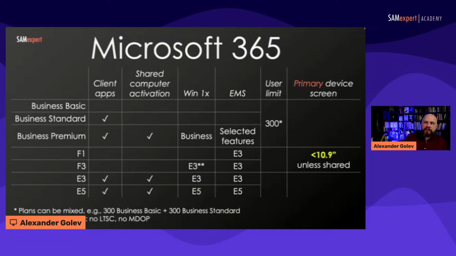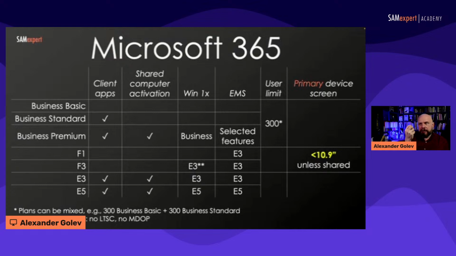In the enterprise plans, you can see that we have two asterisks against E3 in the F3 row. So F3 plans, frontline worker plans, cut down plans for Microsoft 365 for frontline workers, like your warehouse workers, drivers, salespeople in the shops.